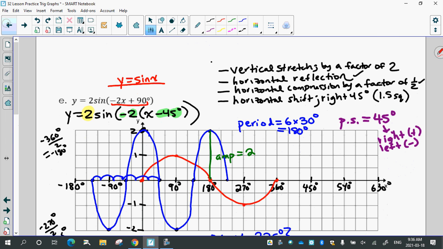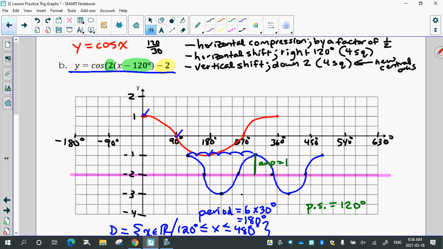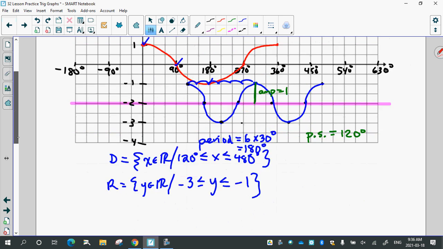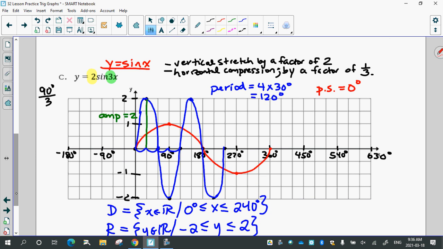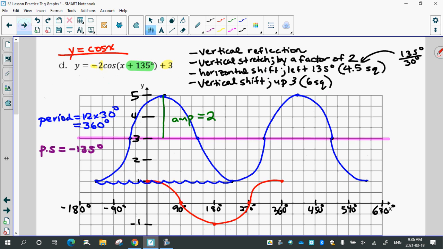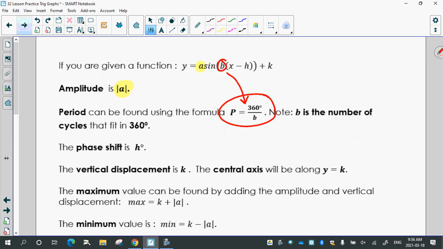And then here the B value is 2 again, so we should have got 180 for the period, and we did. Here the B value is 3, so 360 divided by 3 is 120, and we did get 120 for the period. So that's how the B value can help you get the period without drawing the picture.